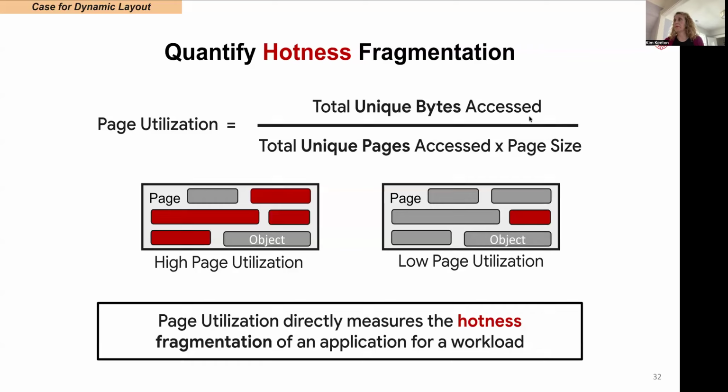Correct. Some papers have tried this approach, like the Alaska paper, which uses handles to avoid this unallocated fragmentation problem as well. My question is whether you have a sense of how much of your hotness fragmentation is due to internal fragmentation, or unallocated space. The allocator's goal is to fill in the holes that are created when objects are freed in these pages.